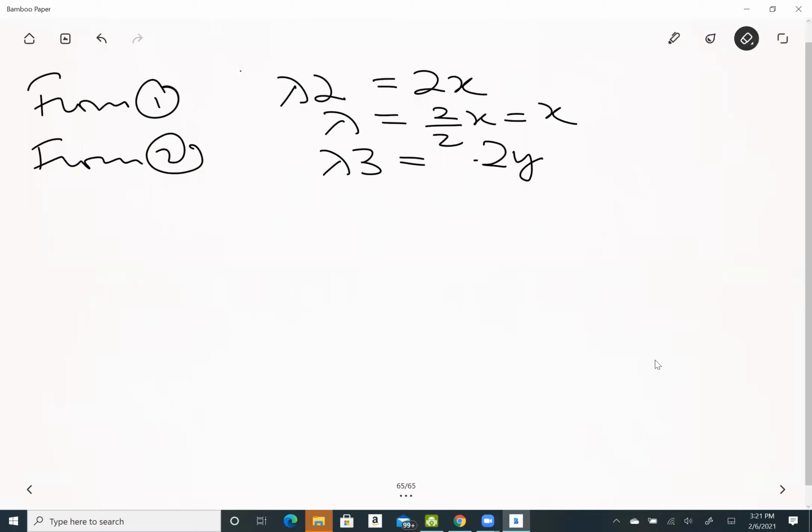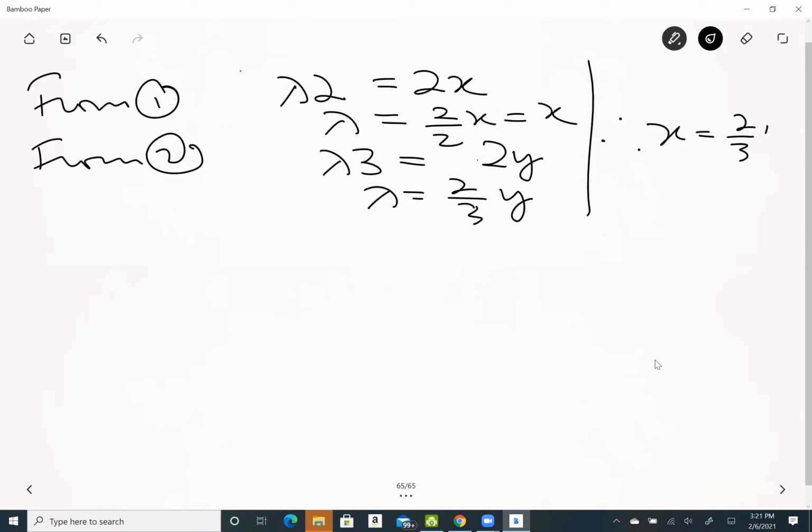The negative you bring to the other side, so positive 2y. So lambda is equal to 2y over 3. You have lambda and lambda from 1 and 2, so therefore x equals 2y over 3. Now you have x in terms of y. Or you can also write y equal to 3x over 2. It doesn't matter, you can have x in terms of y or y in terms of x. That is your choice.